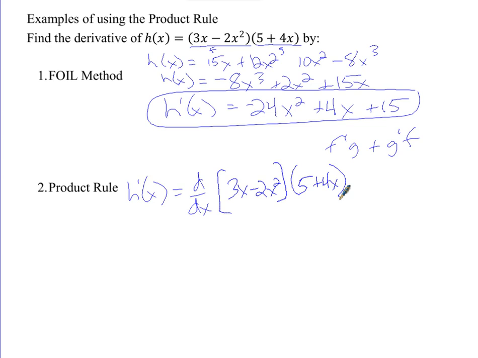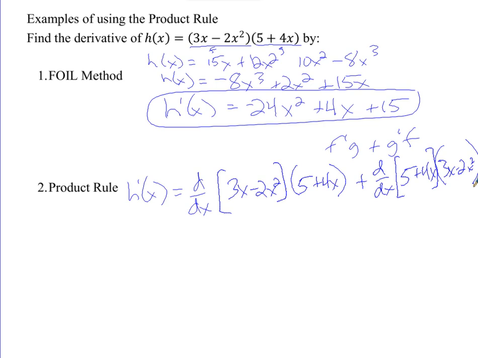plus g prime now, so I'm going to write the derivative with respect to x of 5 plus 4x times the original f, which is 3x minus 2x squared. That is the notation for what you're doing here. For these first few problems, that's how we're going to write this out.